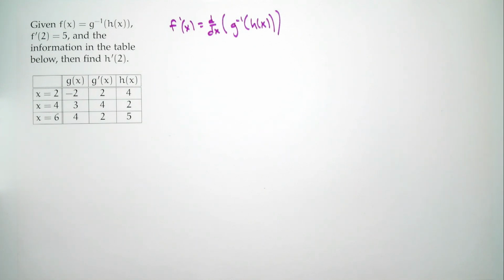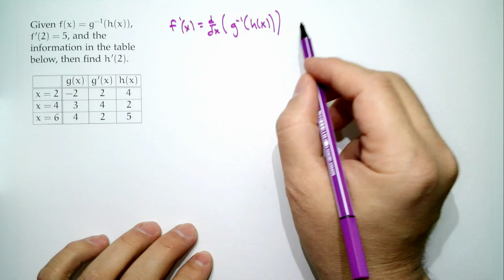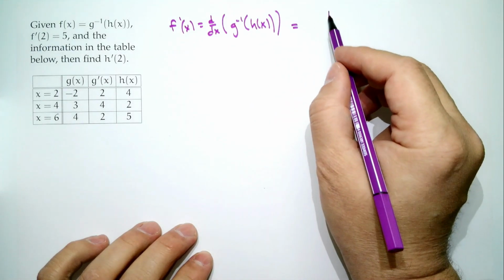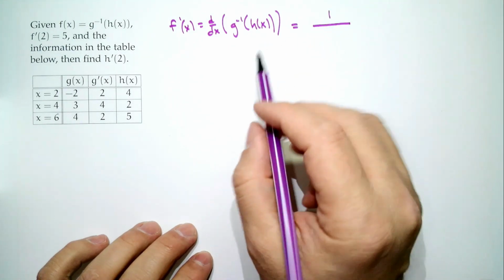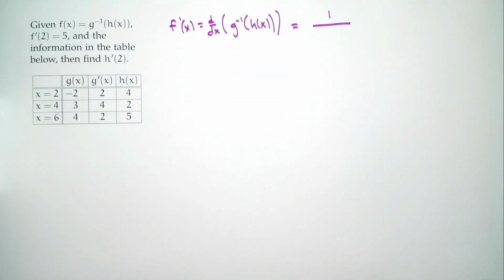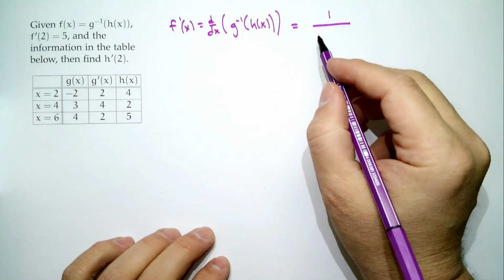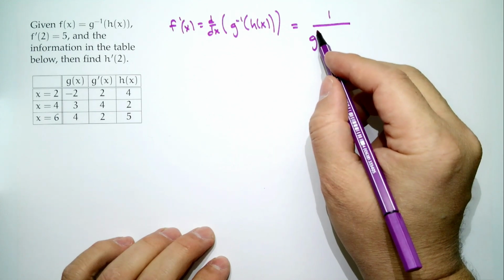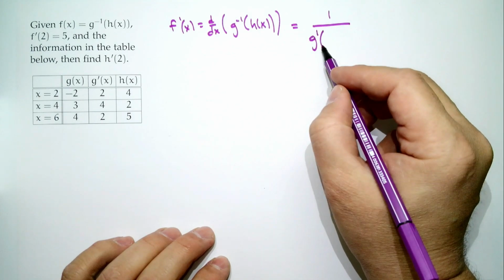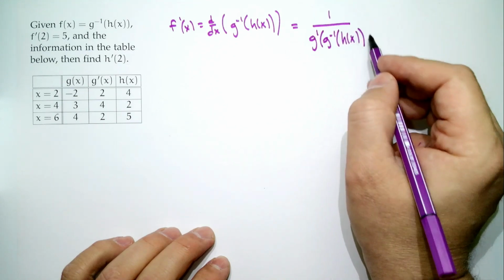But the good thing is we just learned that. The rule says if you're taking the derivative of an inverse function, it's 1 over the derivative of the original function. So as we work through our derivative, we work from the outside in. We're working on the derivative of g inverse, so it's 1 over the derivative of g, so g prime of g inverse of h of x.